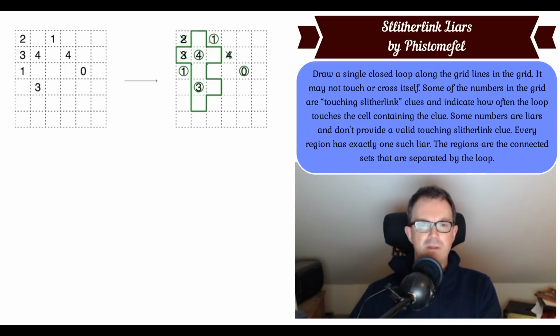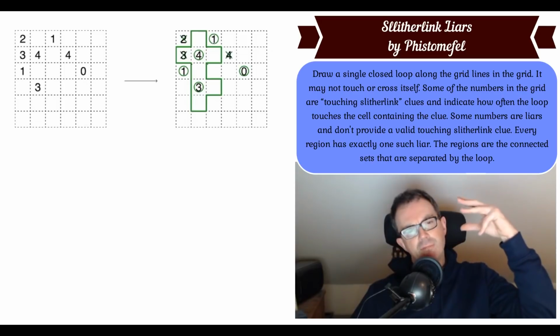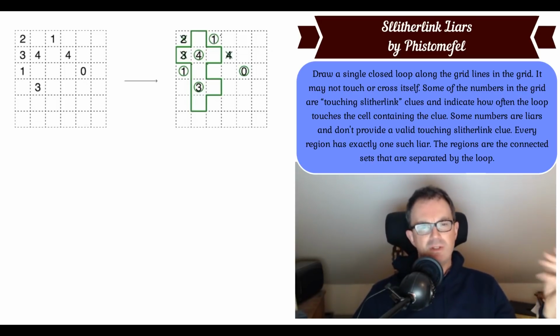Now this 1 clue looks odd to me. Yeah, this is so strange. Right, so the 1 clue here is a 1 clue because the loop sort of continually touches the cell that the 1 is in along 2 edges, but because it only touches once in total, the correct clue number there is a 1.